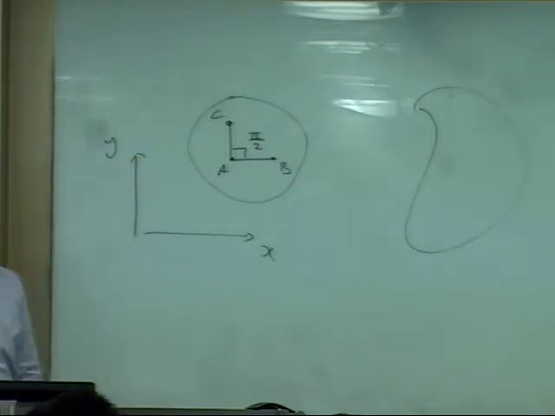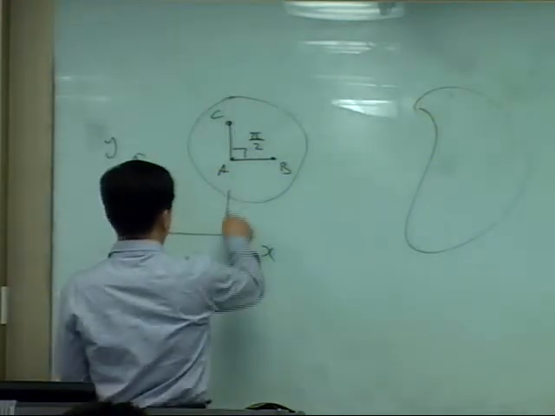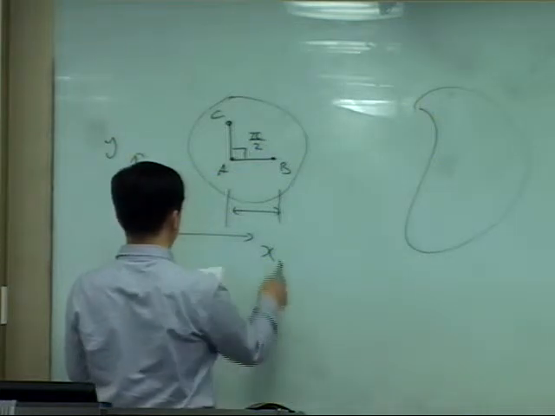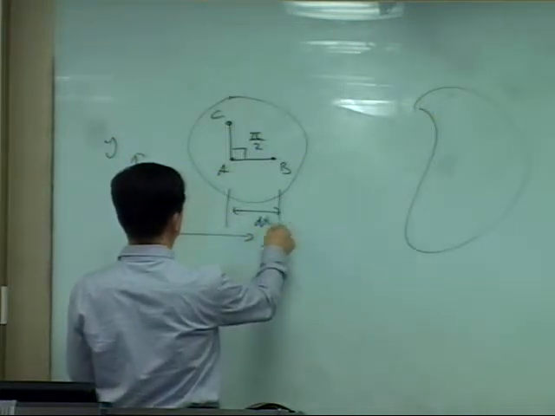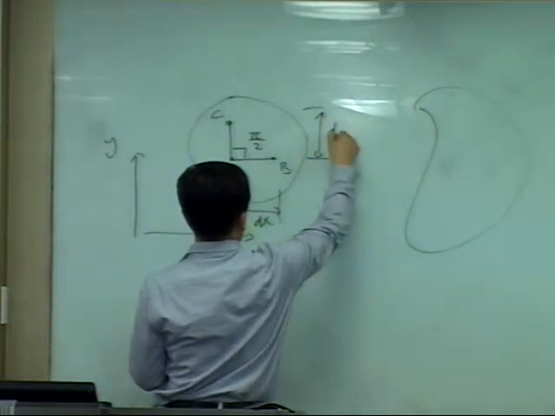We can define the angle by 3 points. And the distance between A and B is dx. The distance between A and C is dy.